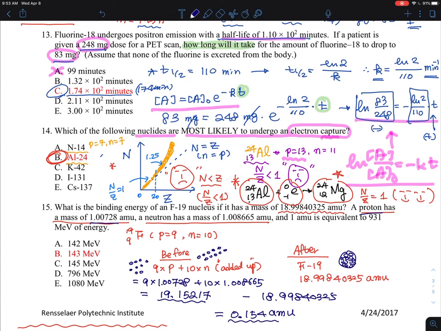What is said here is that 1 AMU is equivalent to so many mega electron volts. All you have to do is use this as your unit conversion: 1 AMU is the same as 931 mega electron volts.